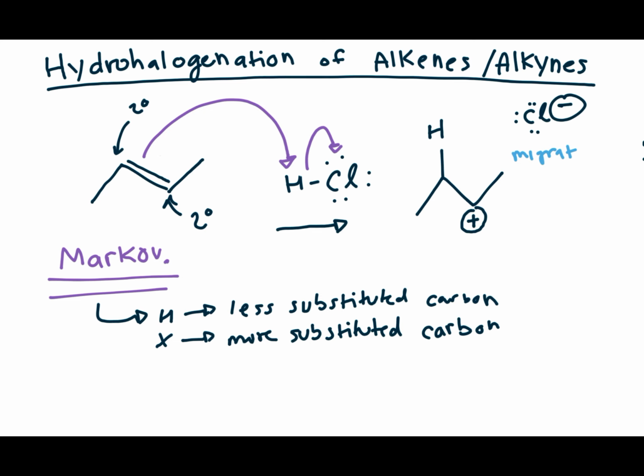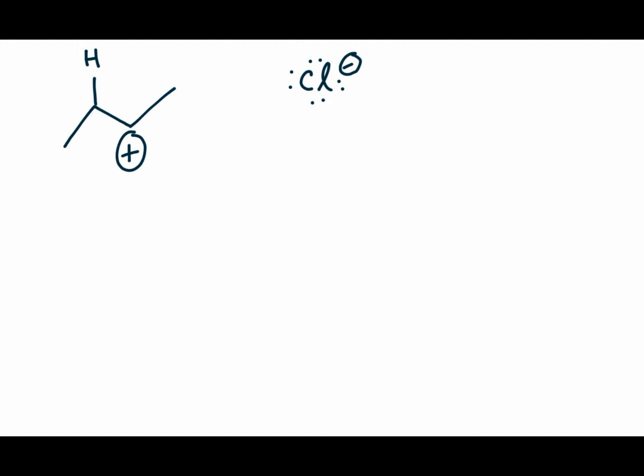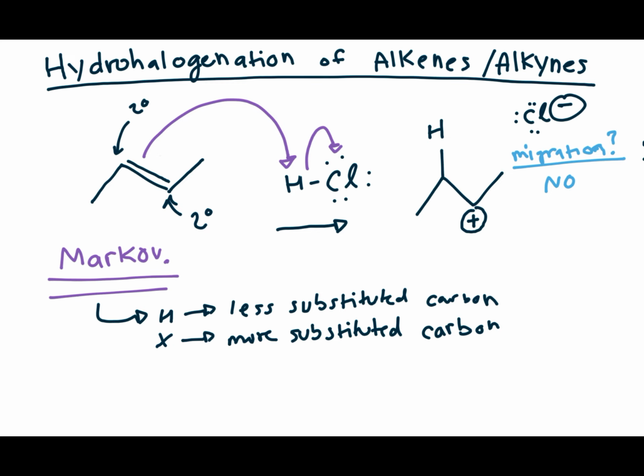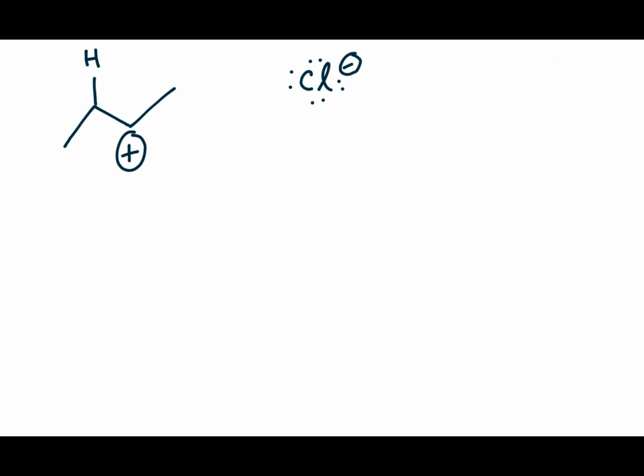Okay, so I moved on to the next page because we were running out of room. But now that we know that we don't need to move this carbocation, this chlorine, let me go back, from the HCl, now this can act as a nucleophile and attack the carbocation, as that is the electrophile.